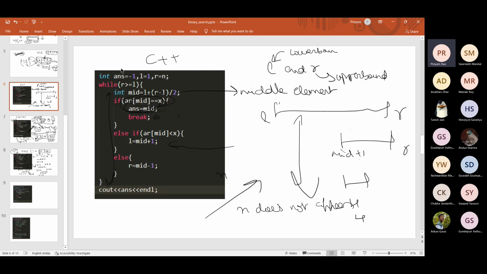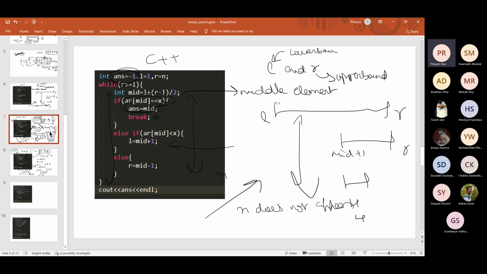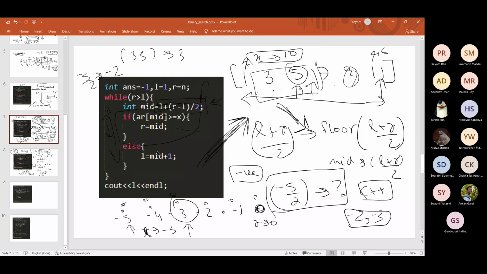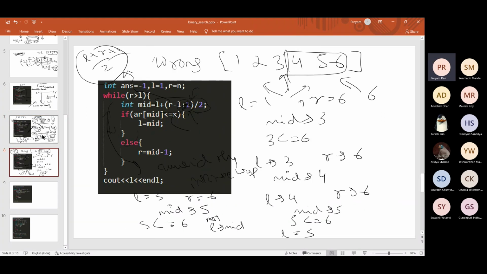If we don't find an element, then answer would still be equal to -1. Since answer is still equal to -1, this is not that useful, right? Personally, I've done a lot of CP, and I've never really used this implementation. You always use one of these implementations. Both of these implementations are equivalent. You can feel free to use any of them. Just make sure that you don't fall into any errors.